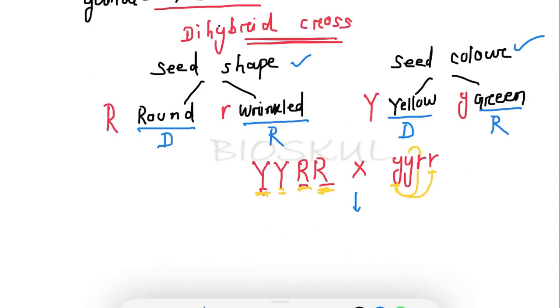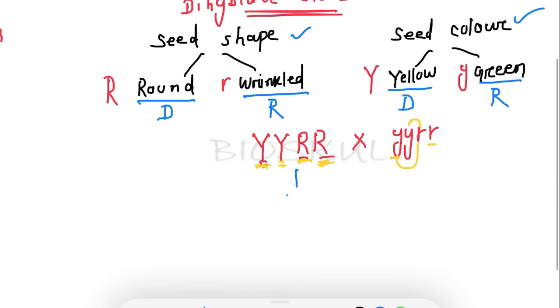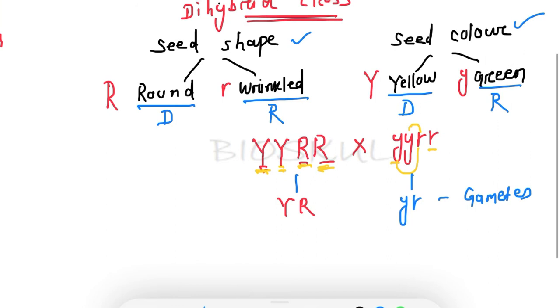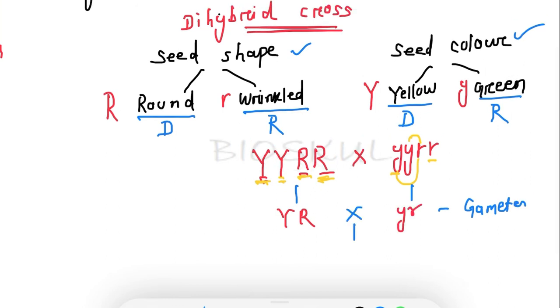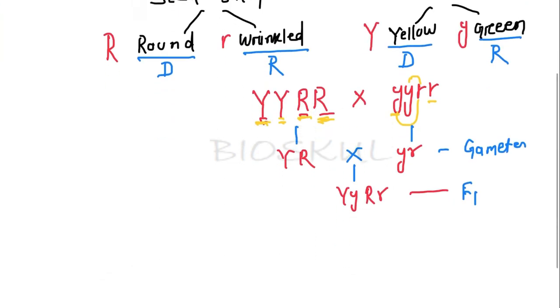In the F1 generation, the gametes will be capital Y capital R, and similarly small y small r. Let's cross them. In the F1 generation, what we get is capital Y small y, capital R small r. What will be its phenotype?